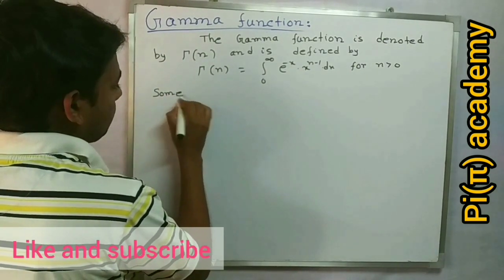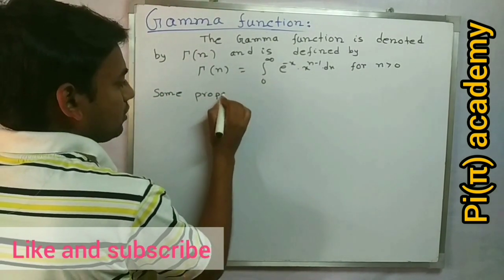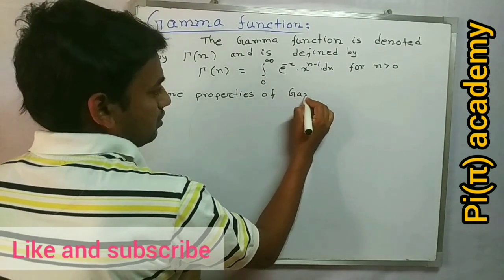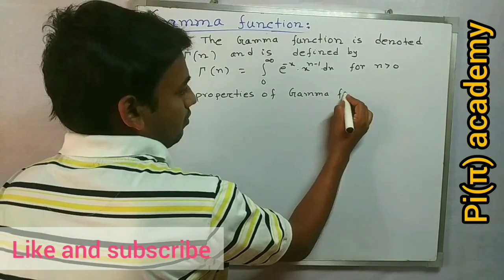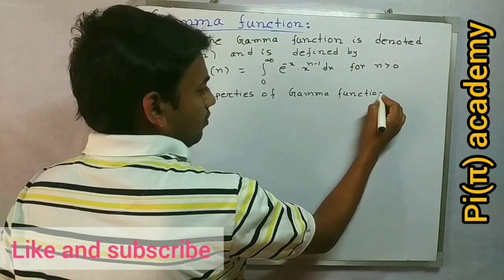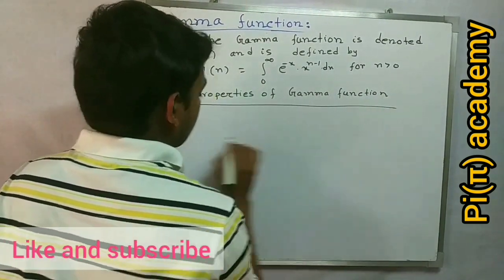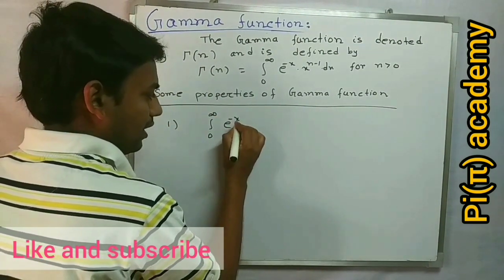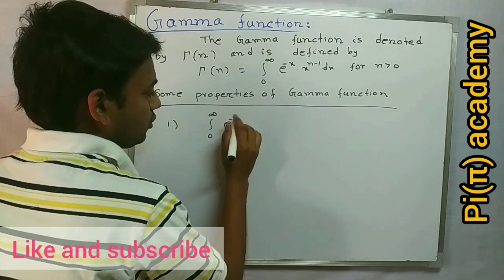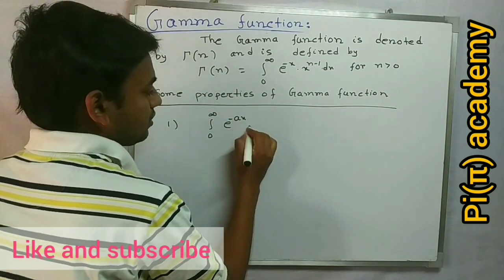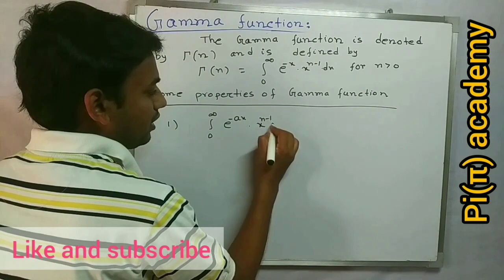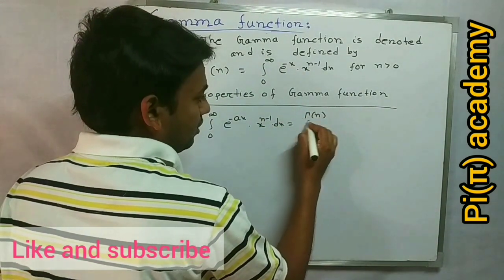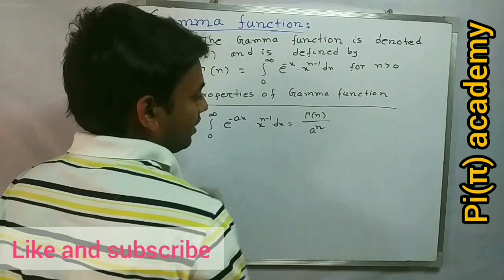Now there are some properties of the gamma function. Property 1: the integral from 0 to infinity of e to the power minus ax, x to the power n minus 1, dx equals gamma n divided by a to the power n.